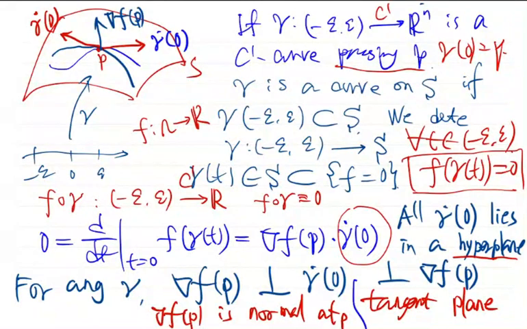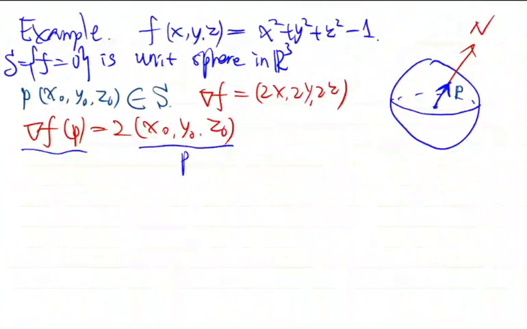And our discussion is about n-dimensional space for any n, even n equal to 2. When n equal to 2, for this example, it is the circle. This is also true. So this is the method to compute the normal vector of a surface given by f(x) equal to 0.